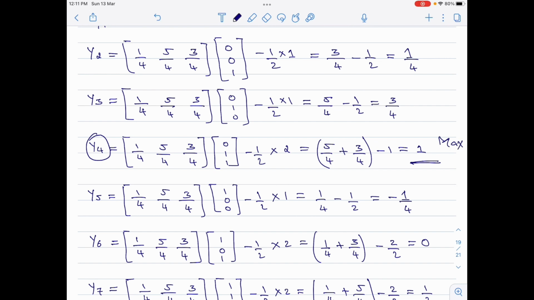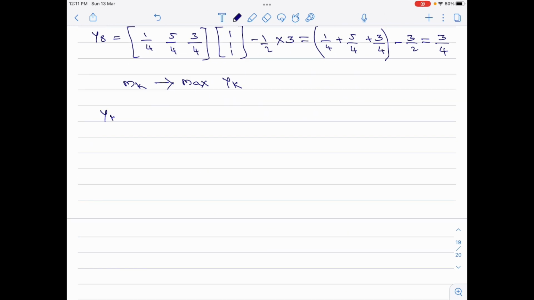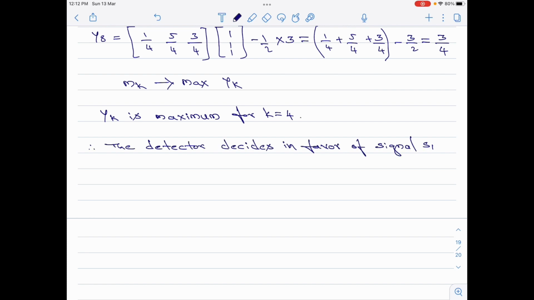Therefore, the maximum likelihood detector decides in favor of the signal S4 of t or symbol M4 as the transmitted symbol. Right. So that is the answer for this numerical.